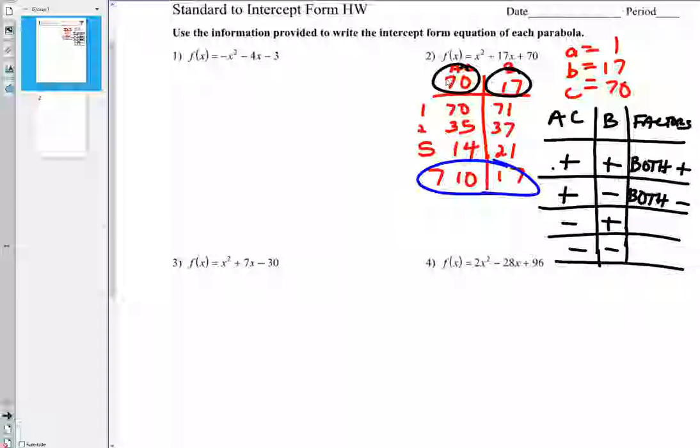What else do I know has to be true about those numbers? I have one positive number and one negative number, because when I multiply them, I get a negative. But if when I add them I have to get a positive, the smaller one has to be the negative, the bigger one has to be the positive. So this would be small negative, big positive, which would mean under the last scenario, the bigger number would be negative, the smaller number would be positive.